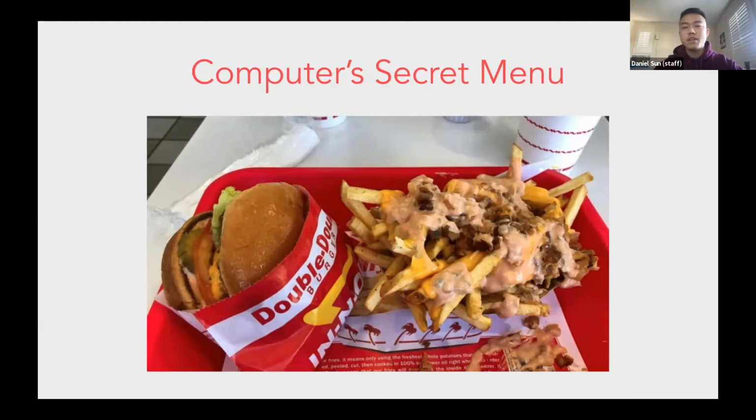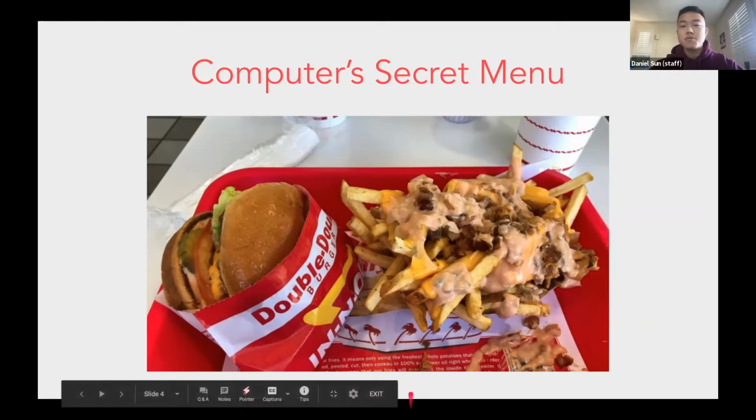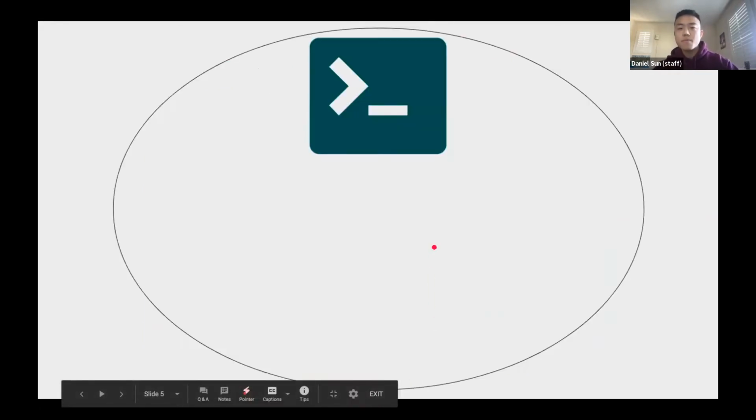And these are options that you actually can do at In-N-Out that it does not tell you that you can do. So your computer is basically just In-N-Out in the sense that there's things that you can do on your computer that your computer does not explicitly give you a button to click to do. And the way we access those things is through the terminal.